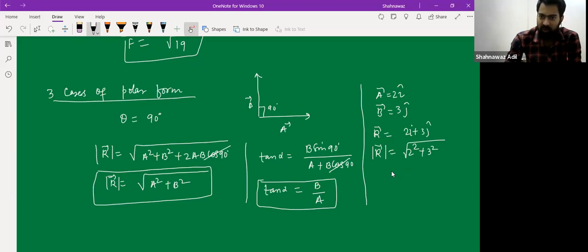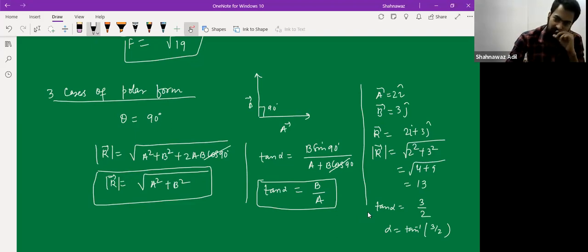So this would be how much? This would be 4 plus 9, so this would be root 13. And what would be the angle? Tan alpha would be simply B, which is Y by A, right? So 3 by 2. Right, so alpha would be tan inverse 3 by 2. So this is how you can calculate the angle.